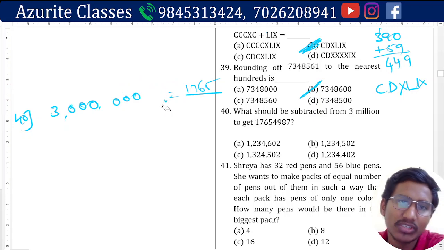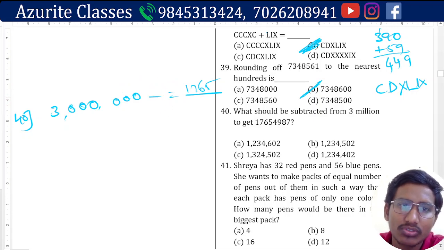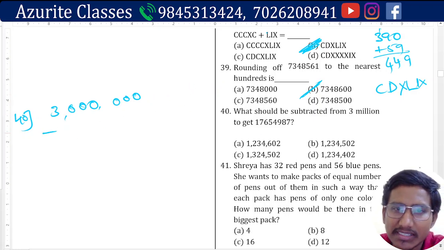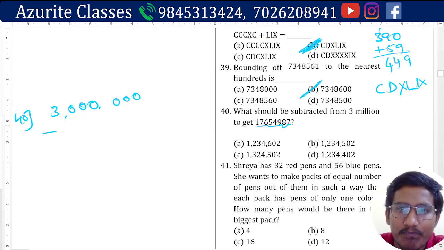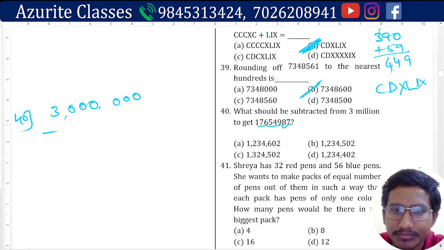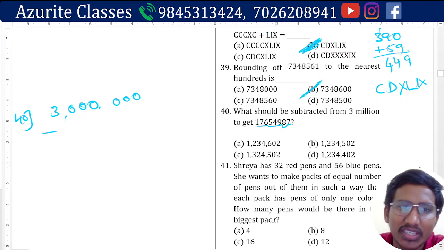So let us do the subtraction now. 8 digits are there here, 7 digits here.